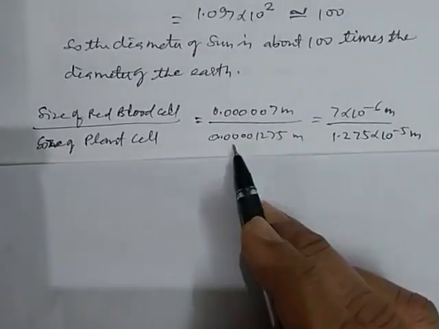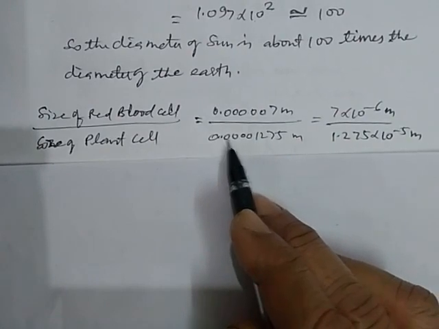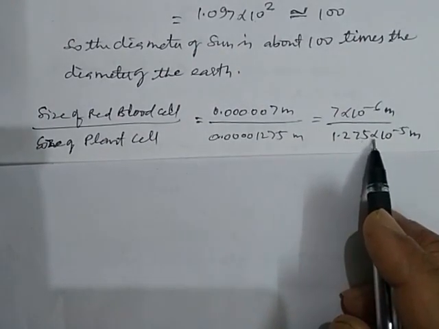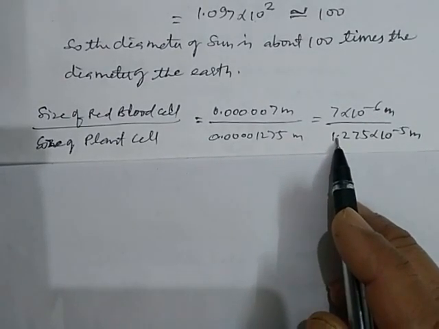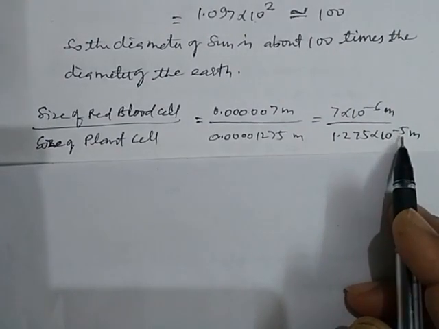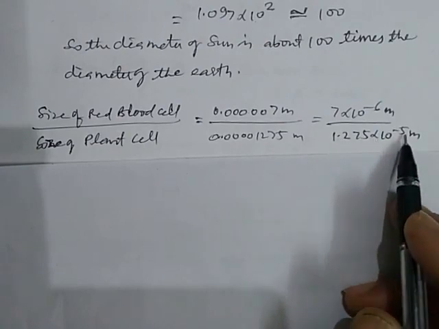And this is 1, 2, 3, 4, 5, 6, 7, 8, so 1275 into 10 to the power 8. But when we place the point here, 10 to the power 3 is reduced. So ultimately this becomes 1.275 into 10 to the power minus 5.